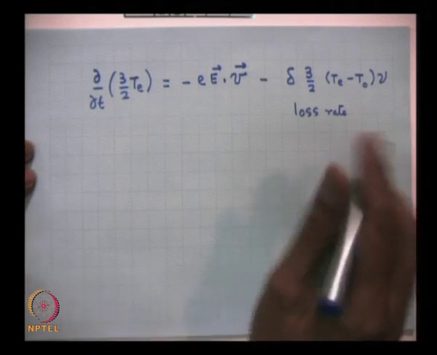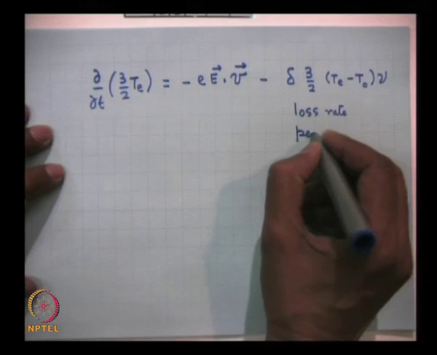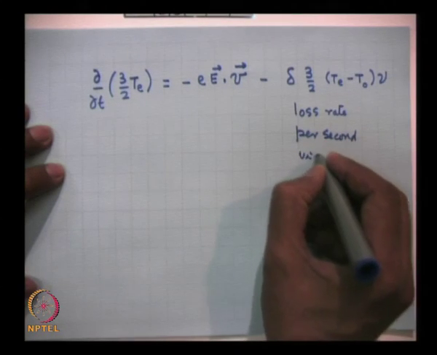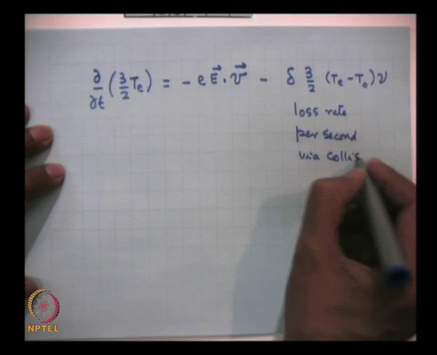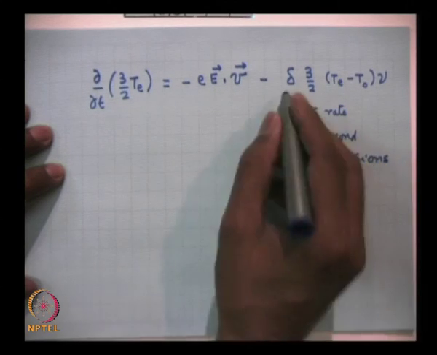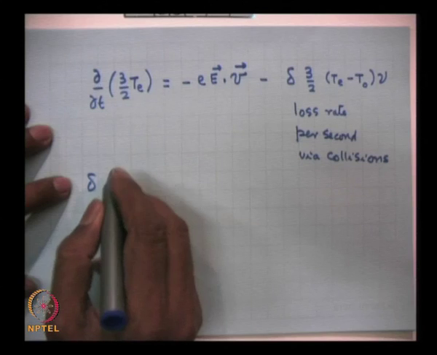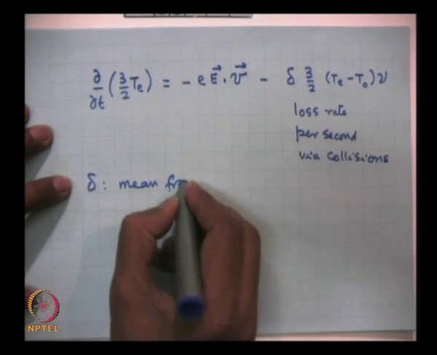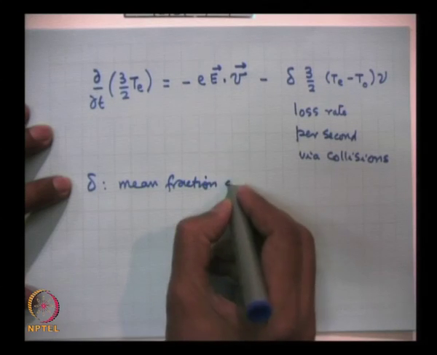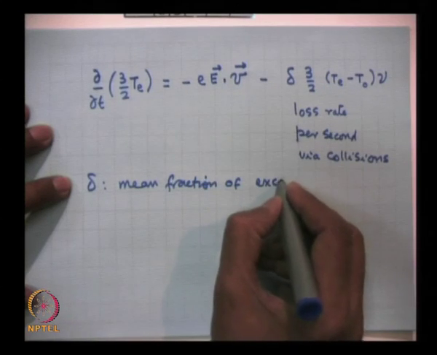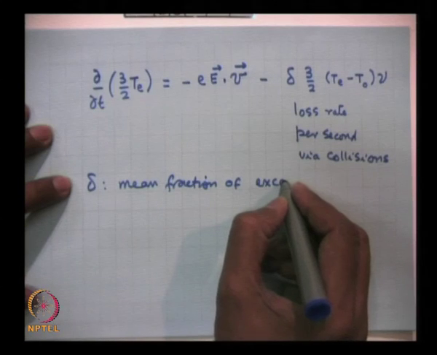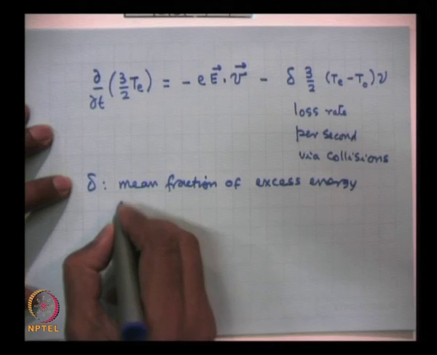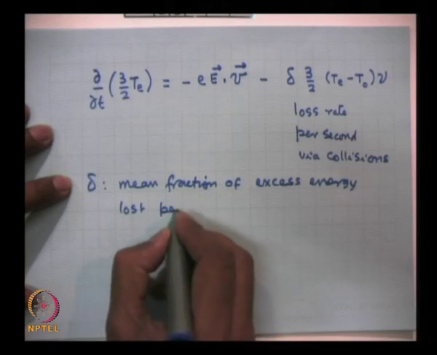Energy loss rate per second via collisions. Delta is the mean fraction of excess energy lost per collision.